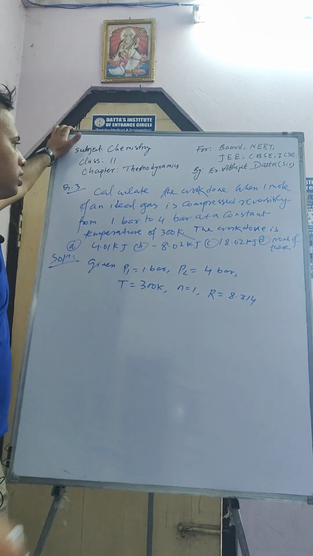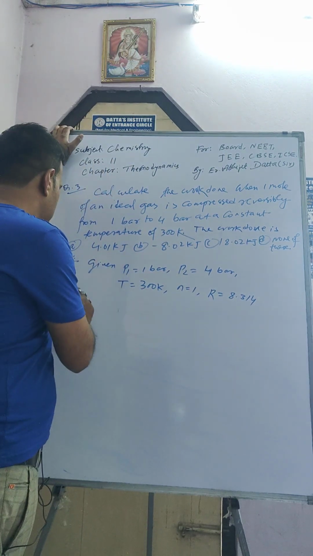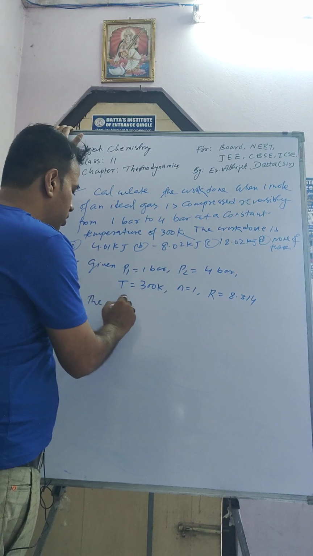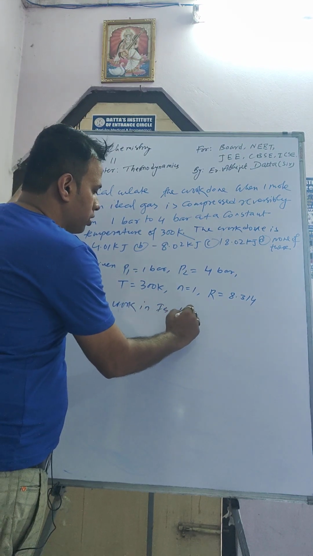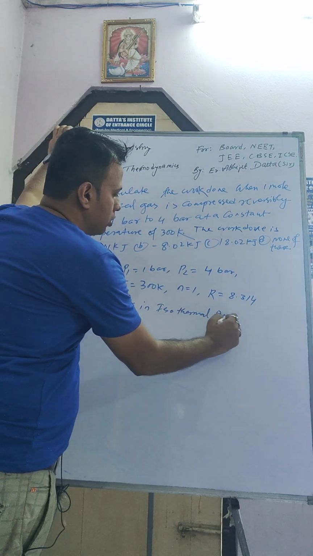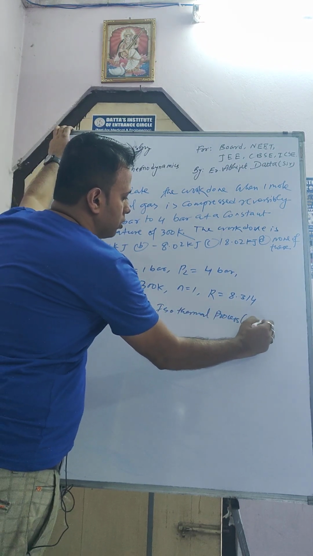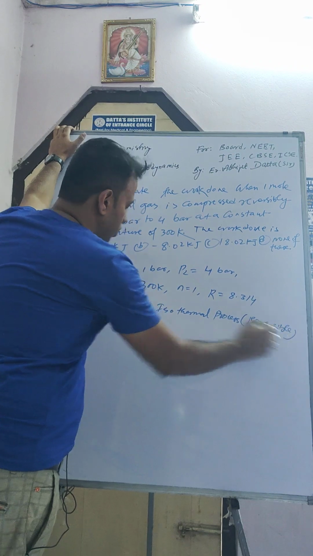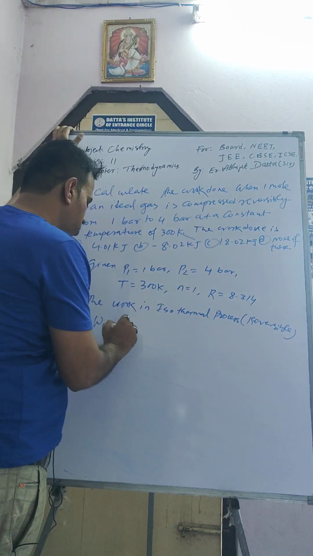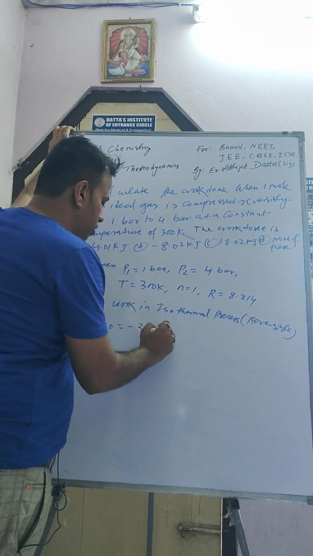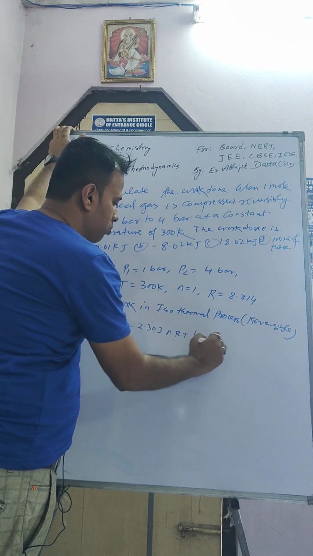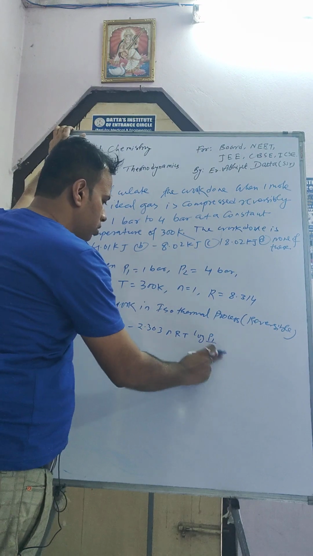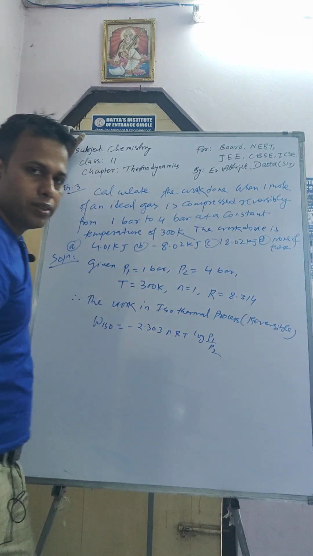So the work done in an isothermal reversible process is what? W is equal to minus 2.303 nRT log P1 by P2. Log P1 by P2. Okay.